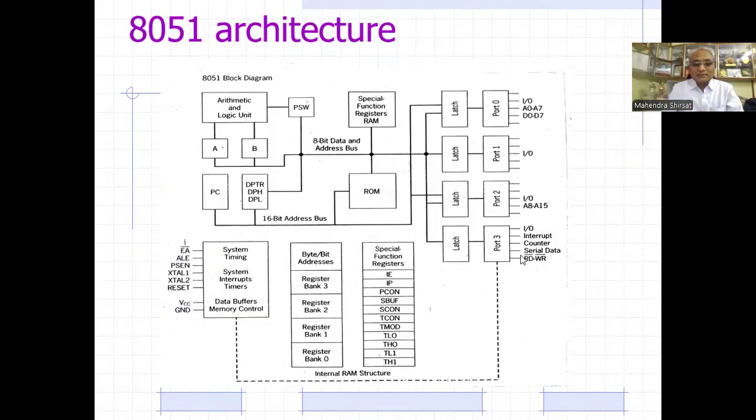This is what I was talking about. You can see there are four banks: register bank 0, register bank 1, register bank 2, and register bank 3. And in fact, we can address these banks. There are certain banks which can be addressed in parallel, and there are some banks which can be bit addressable also. I mean, individual bits also can be accessed, so that also can be done.